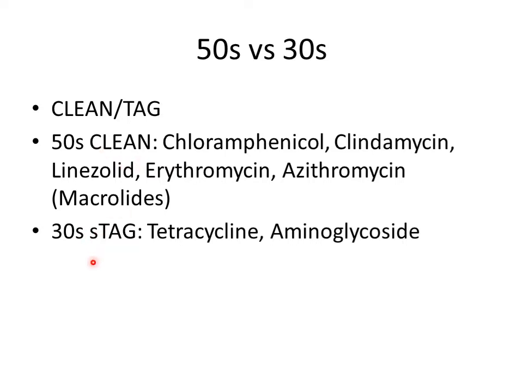CLEAN stands for chloramphenicol, clindamycin, linezolid, erythromycin, and azithromycin, which are macrolides. And for 30S, TAG stands for tetracycline and aminoglycosides. So these are the antibiotics which are protein synthesis inhibitors.